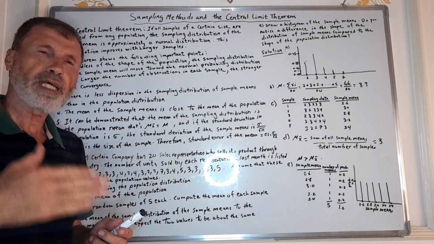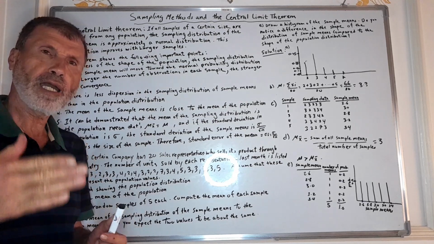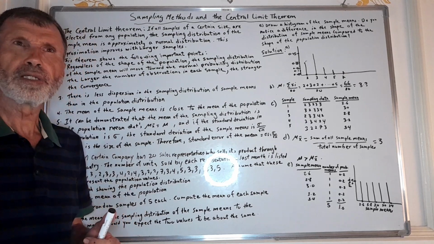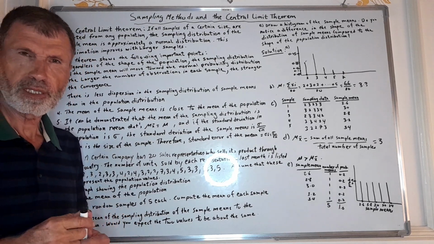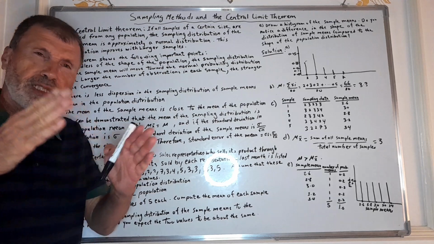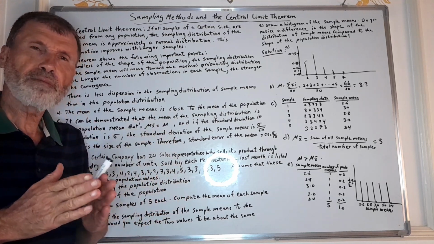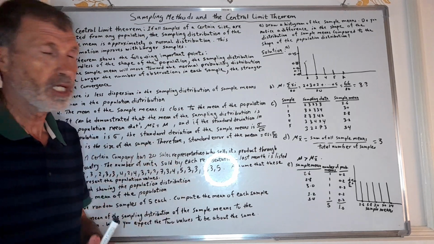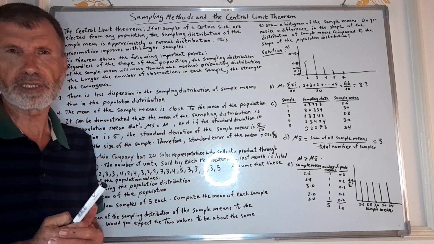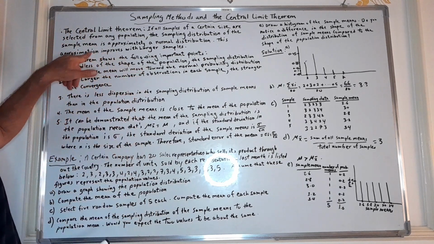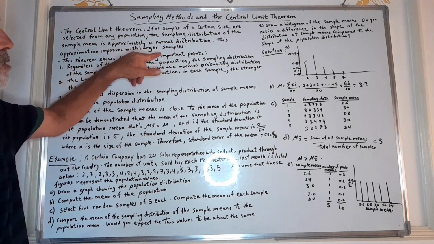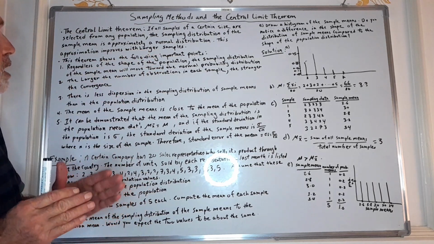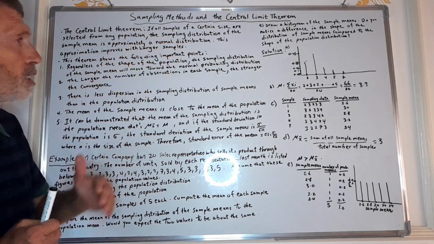When the sample size increases from 5 to 20, then the distribution of the sample means has converged to a normal distribution. So this is the essence of the central limit theorem. He's saying the approximation improves with larger samples. That is, the distribution will become normal with larger samples.